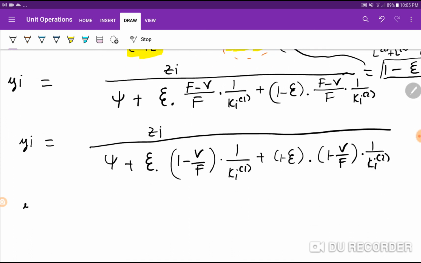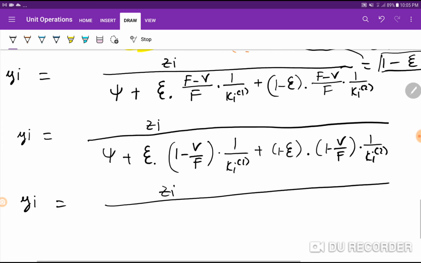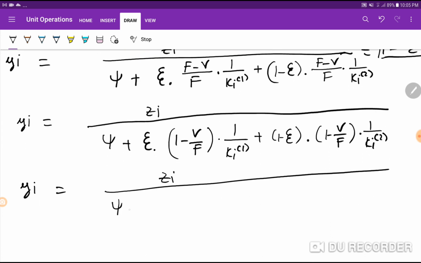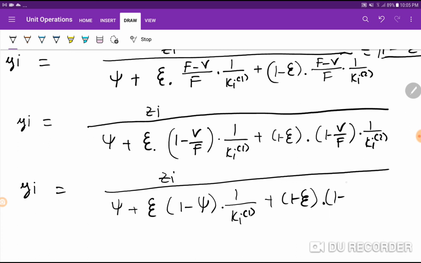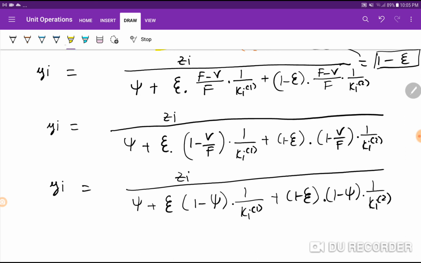And then we have yi equal Zi over, now I'm going to replace V over F with psi, so psi plus epsilon times 1 minus psi times 1 over Ki1 plus 1 minus epsilon times 1 minus V over F, which I replace with psi, times 1 over Ki2. And here, my friend, this is the expression for yi.